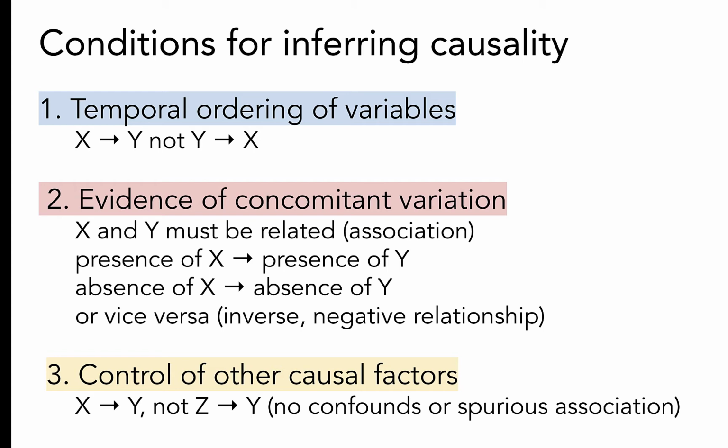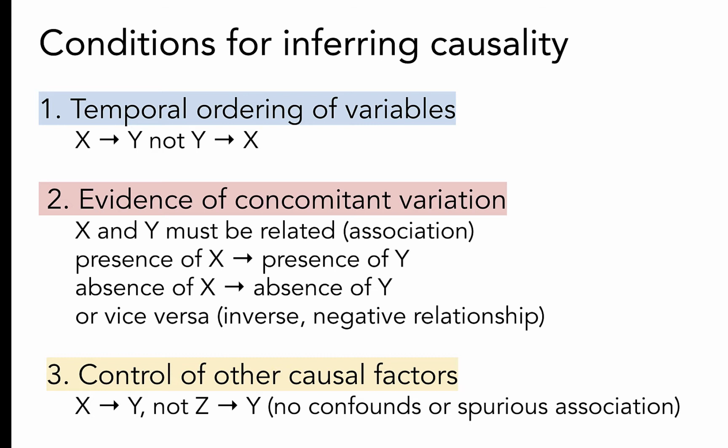A positive relationship could be when X increases, Y increases as well, or in the absence of X, there's an absence of Y, or the opposite could be true. They could be inversely related, where an increase in X could lead to a decrease in Y. So either way, whether it's positive or negatively related, they must be related, because for one to have an effect on the other, there must be some relationship between them to begin with. If they're unrelated, then one cannot have an influence on the other.